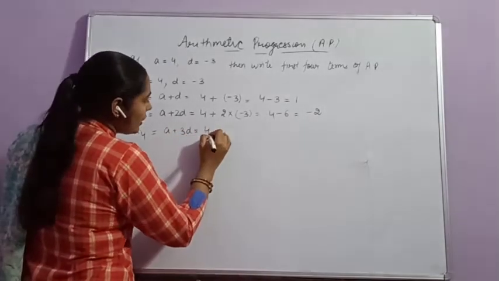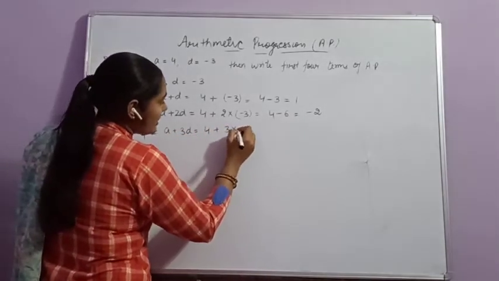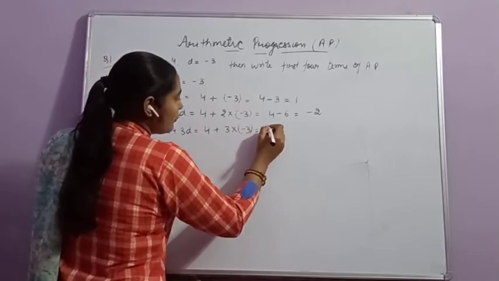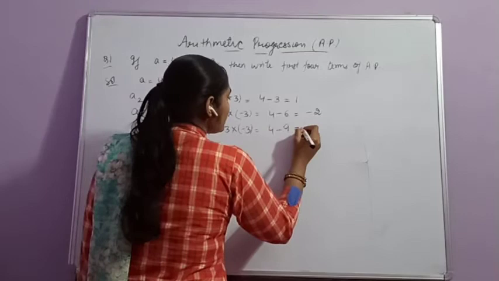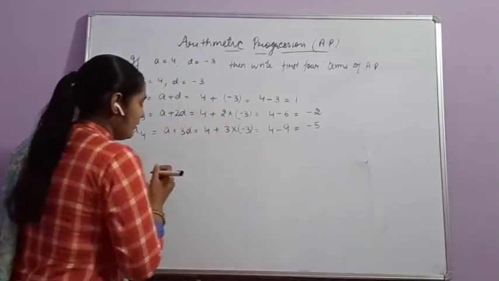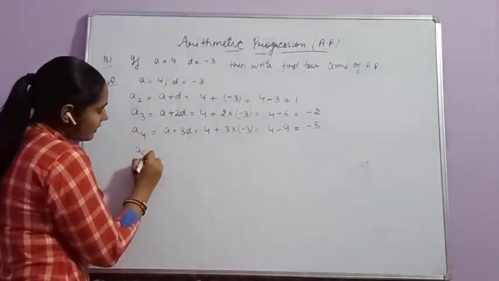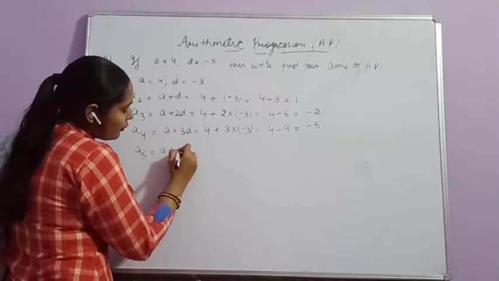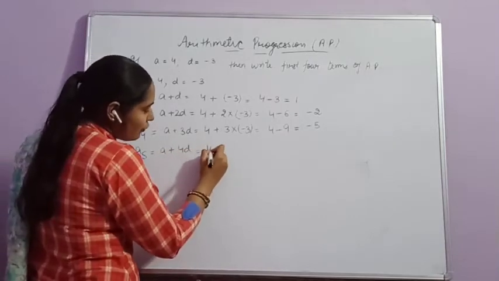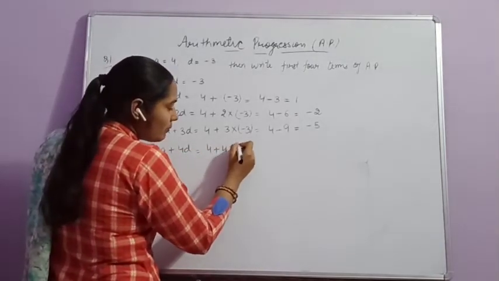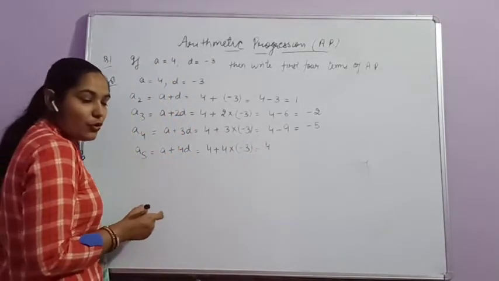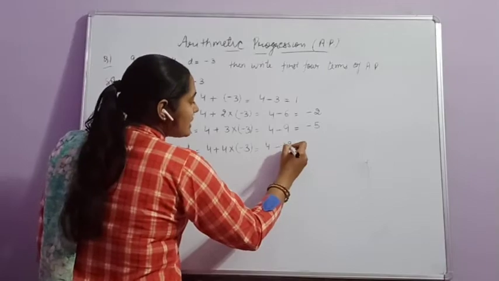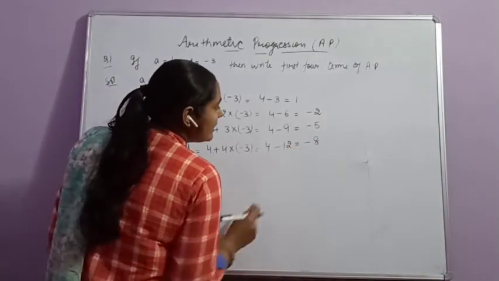A is 4 plus 3 into D is equal to minus 3. 4 plus minus 3 3s are 9. That is equal to minus 5. Similarly, A5 is equal to A plus 4D. That is equal to 4 plus 4 into minus 3. 4 plus minus 4 3s are 12. That is equal to minus 8.